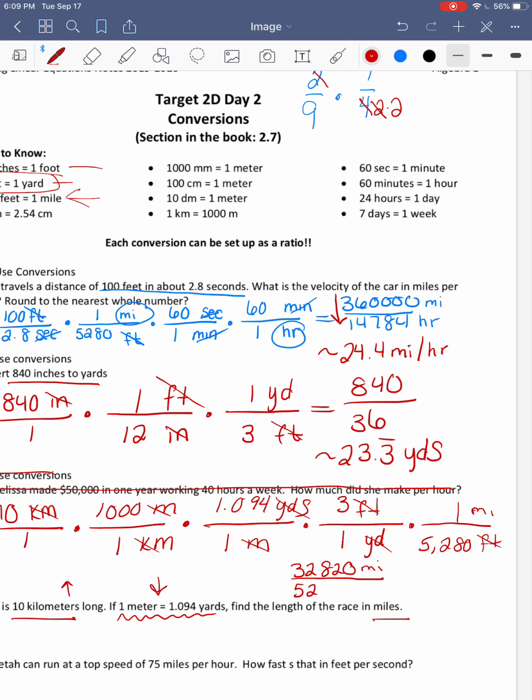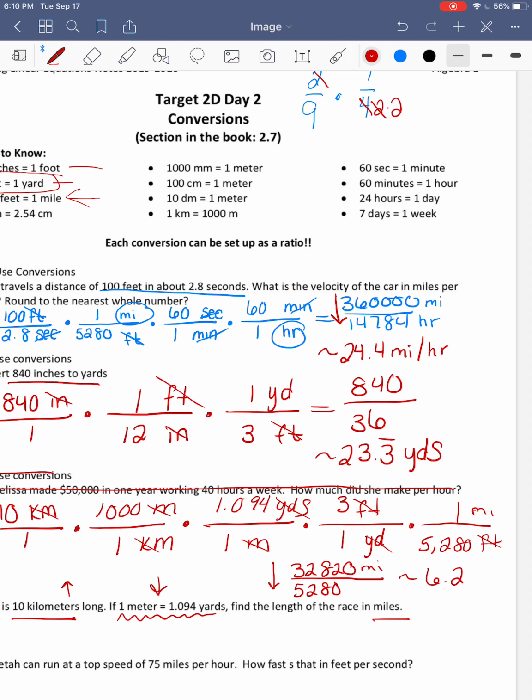So that's 5,280 down here. And now I'm going to simplify this. I'm going to divide top by bottom, and that's going to give me approximately 6.2. Approximately 6.2.